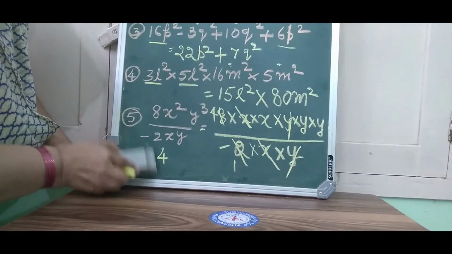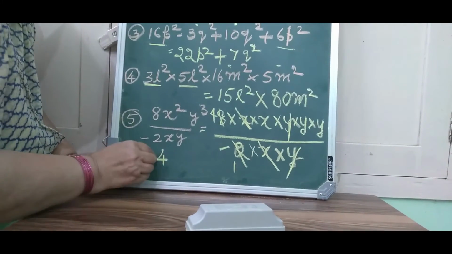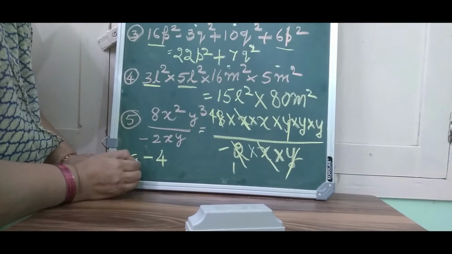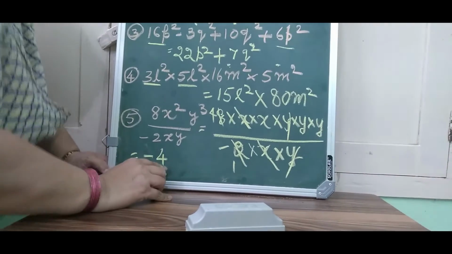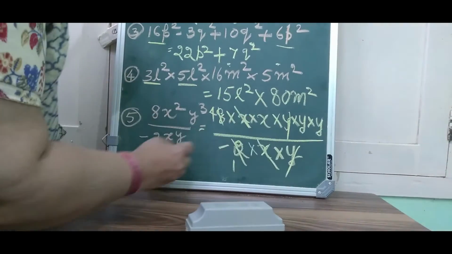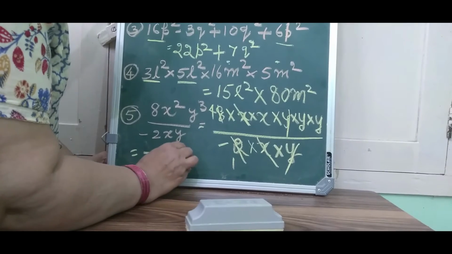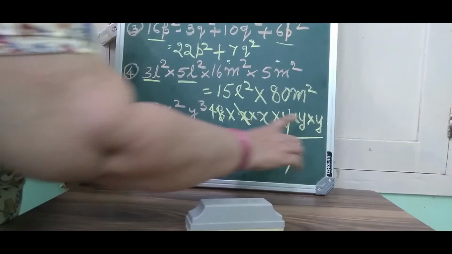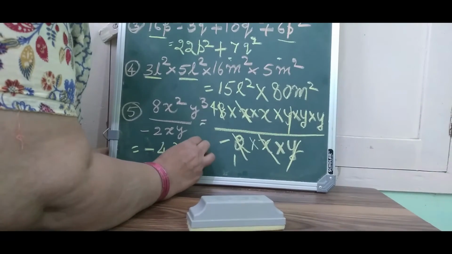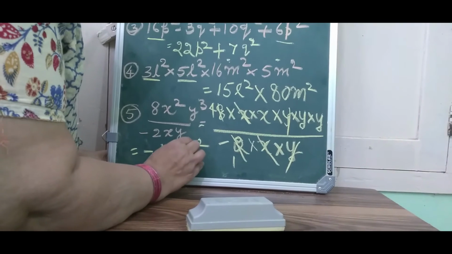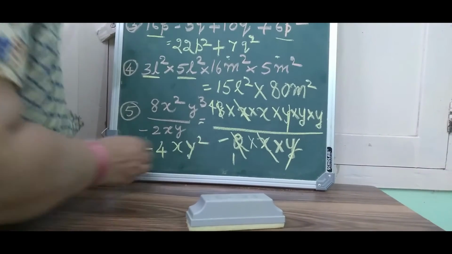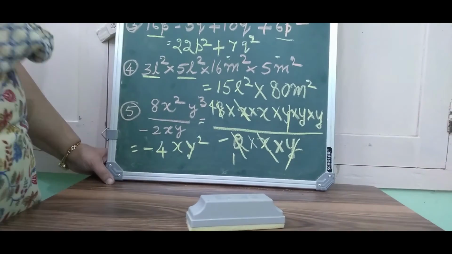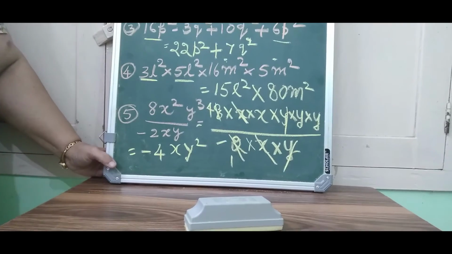So here we will write it as minus 4. So the answer will be minus 4 and x is there. So you write x. Only single x is remaining. And 2 y's are remaining. So it is y square.